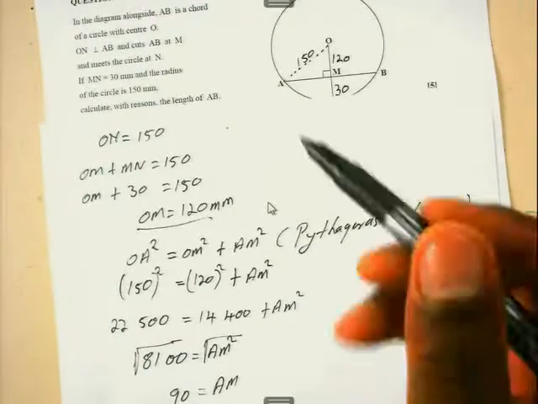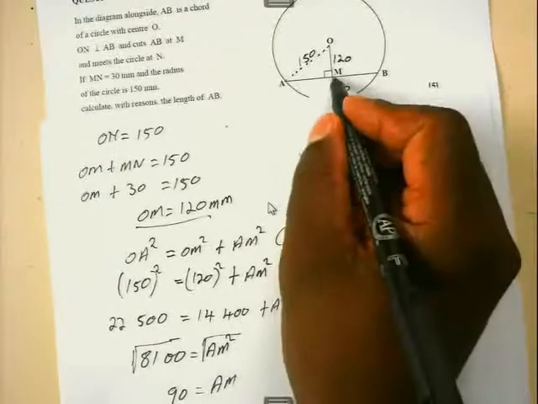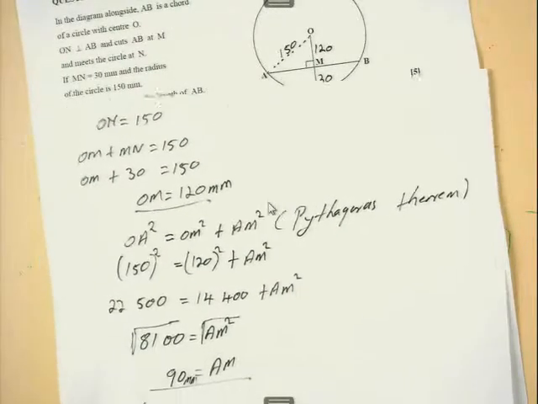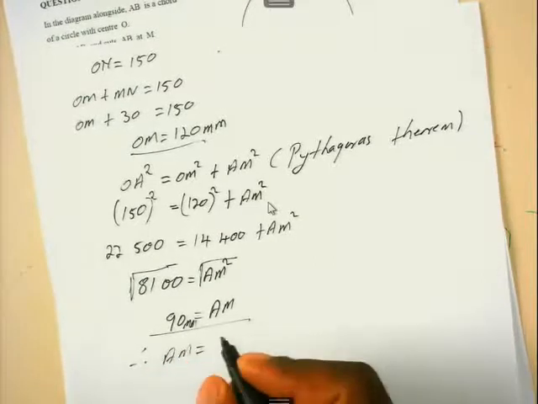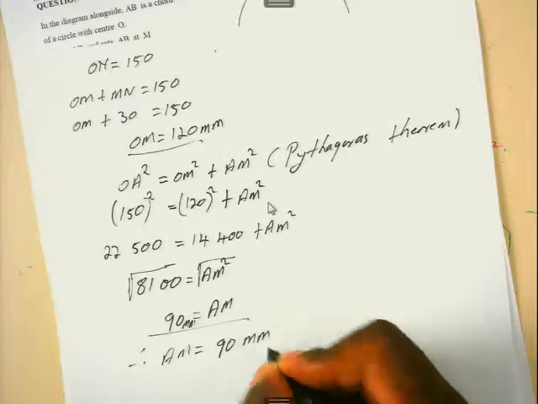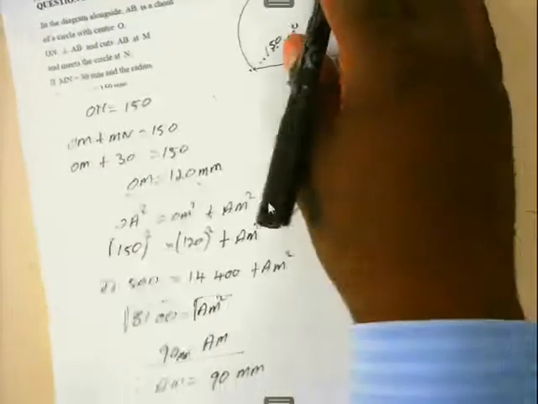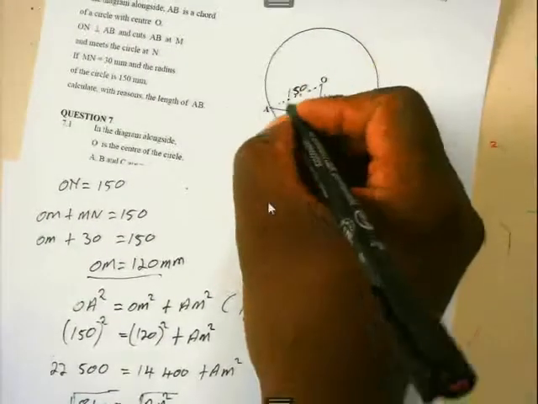Let's go back to the diagram. AM is equal to 90 millimeters. That is the length of AM. Let me write it nicely: AM is equal to 90 millimeters.